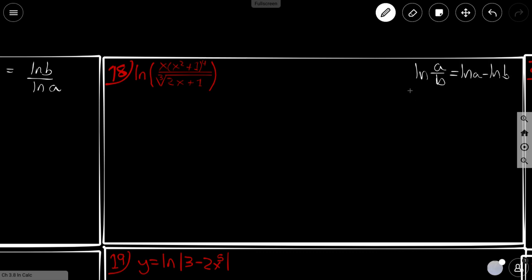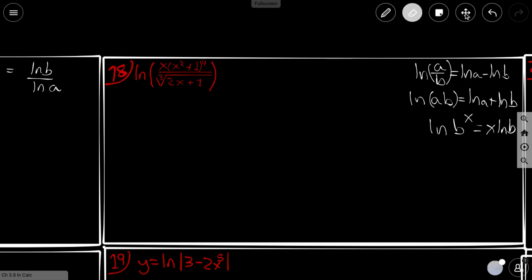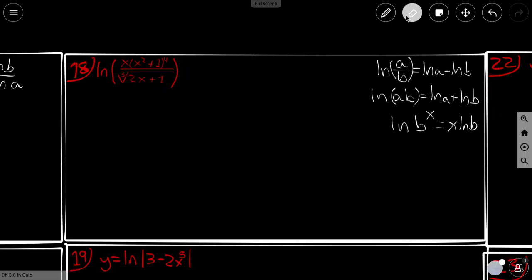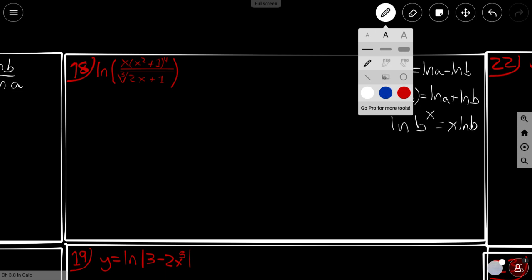If you have ln of a times b, it's just ln a plus ln b. And if you have ln of b to the x, it's equal to x ln b. So using these three rules, we're going to go ahead and split this problem up into bite-sized pieces.